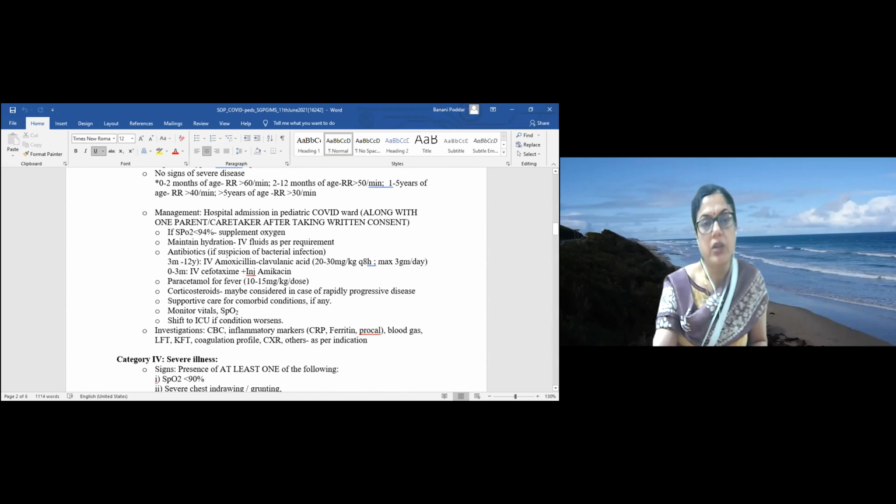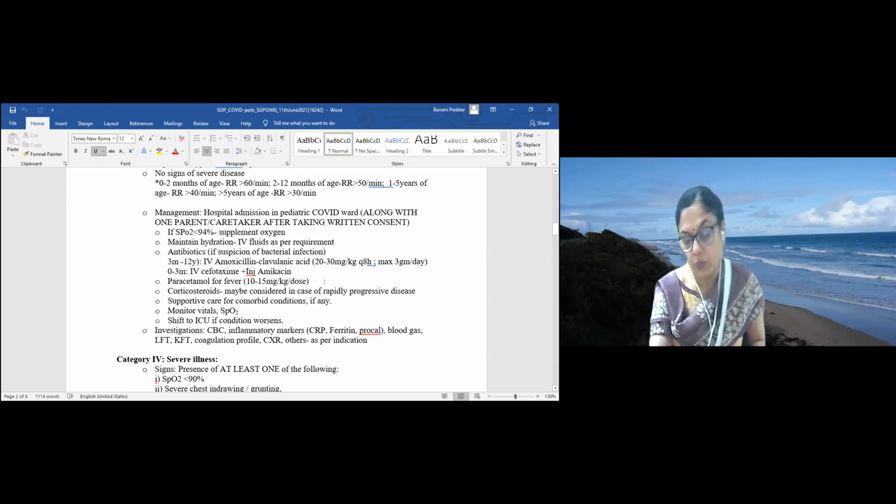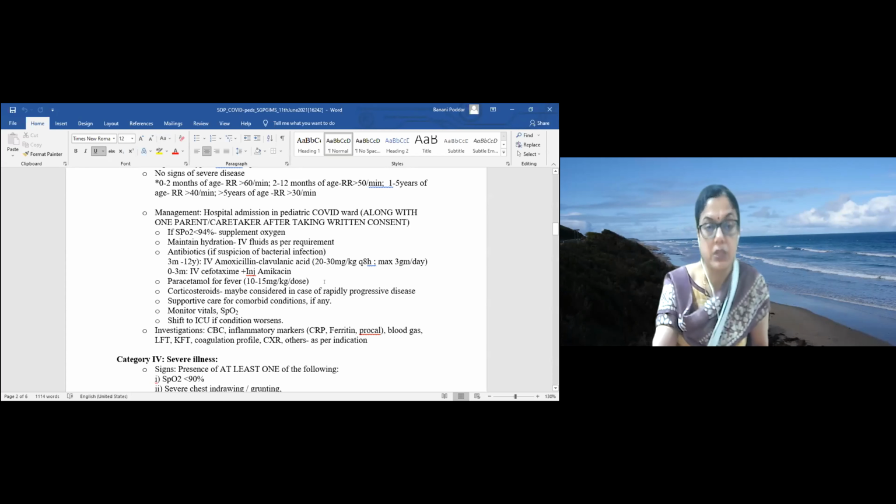Maintain hydration. If there is suspicion of bacterial infection, then only we would like to give amoxicillin clavulanic acid. If the baby is very small, then maybe cefotaxime amikacin. But I think it is better to discuss with one of the faculty members, especially somebody from neonatology.